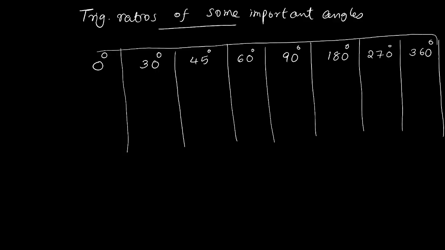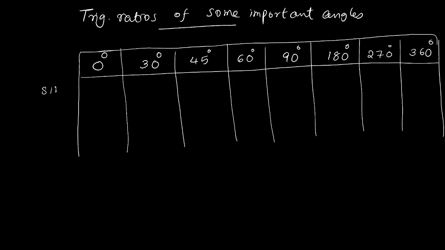For the proof you have to draw a triangle having this much angle, with sine, cos, tan. You may refer to the 10th standard textbook for proof, but it will not be asked in the exam.